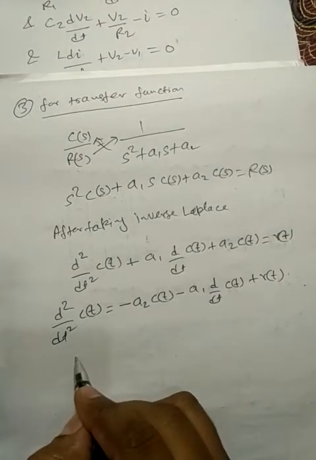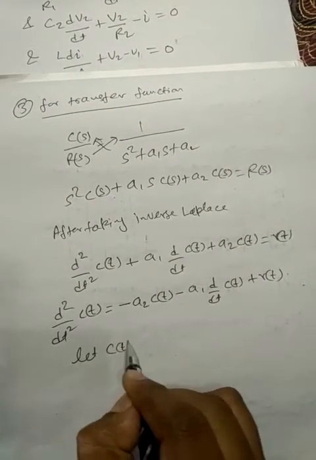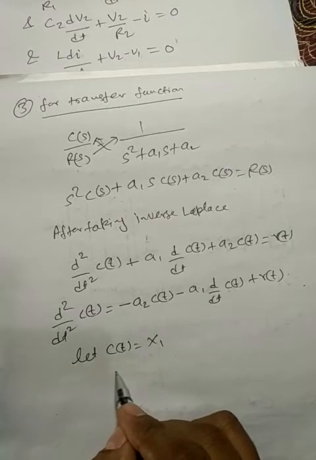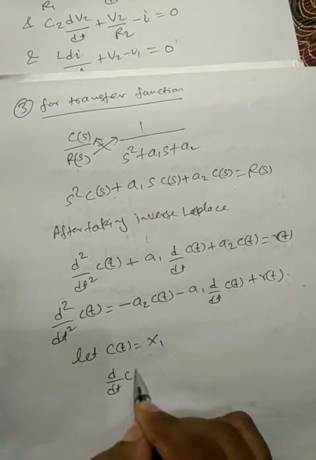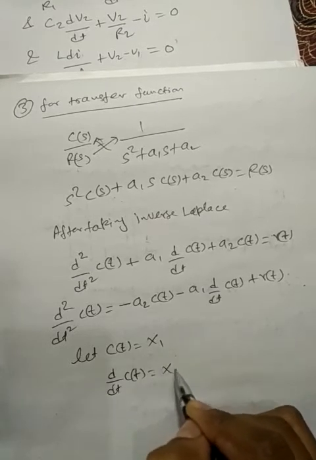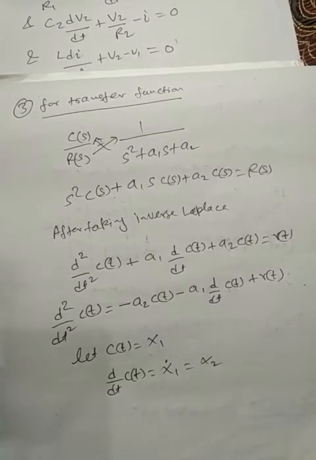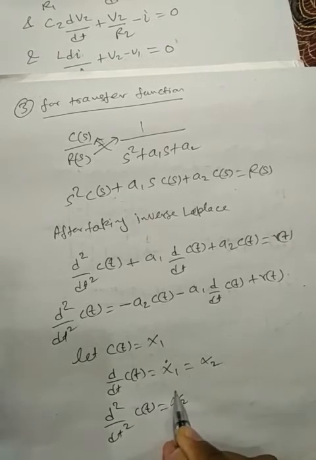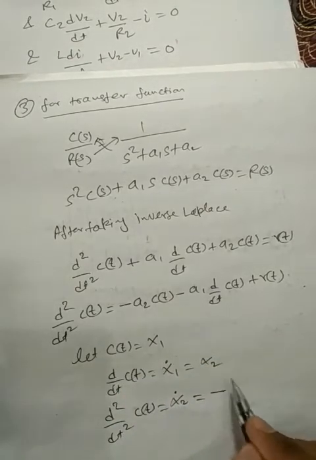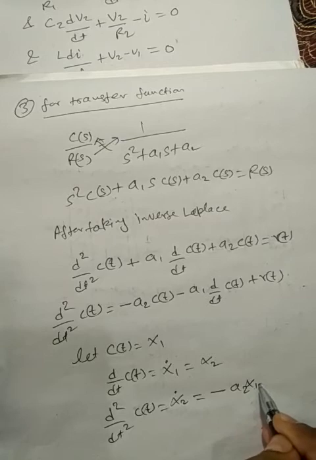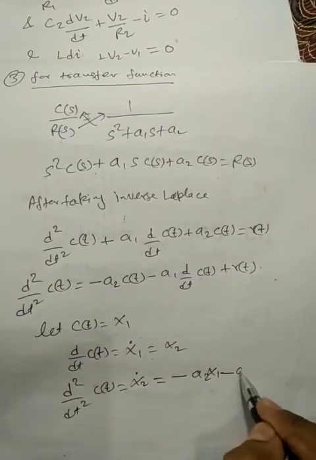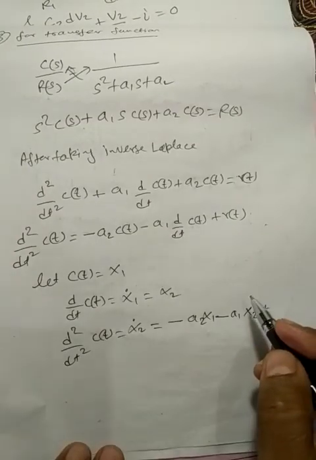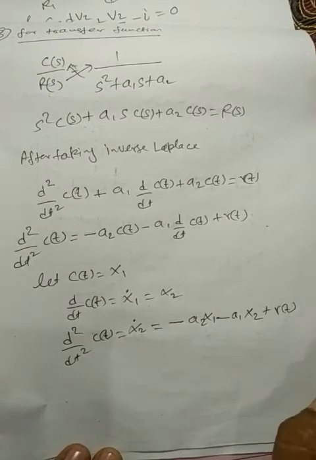Let us consider ct is equal to our first state x1, then d over dt ct will be our next state x2, or x1 dot, and d2 over dt2 ct will be x2 dot, which is equal to minus a2 x1 minus a1 x2 plus rt, right?